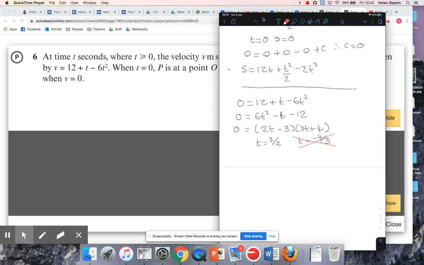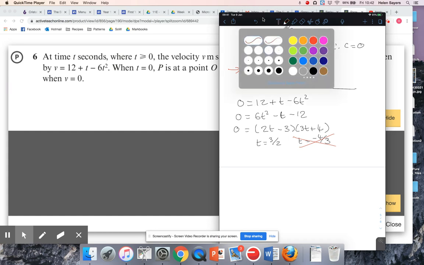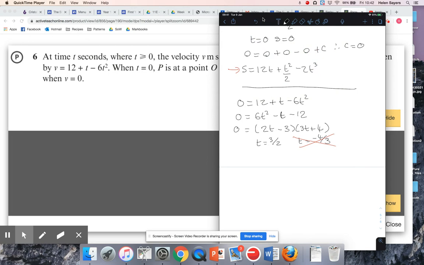So now I'm going to go back to my equation for the displacement, and I'm going to substitute t is 3 over 2 into that. So 12 times 3 over 2 plus 3 over 2 all squared over 2 minus 2 times 3 over 2 cubed.